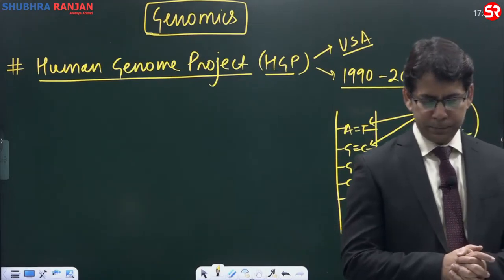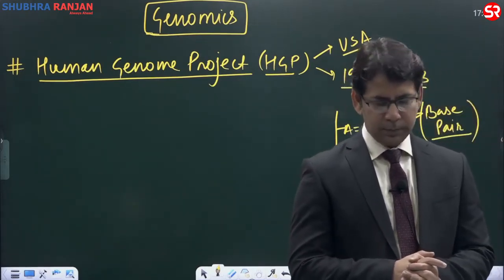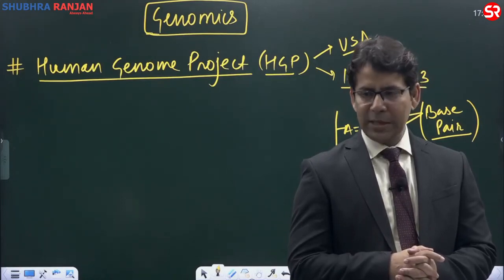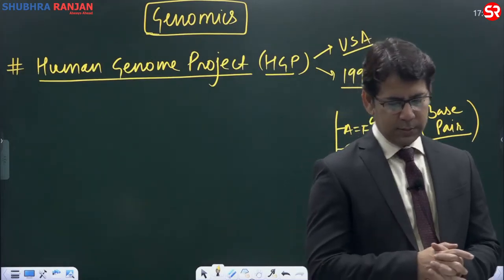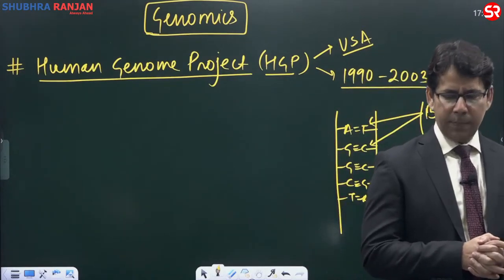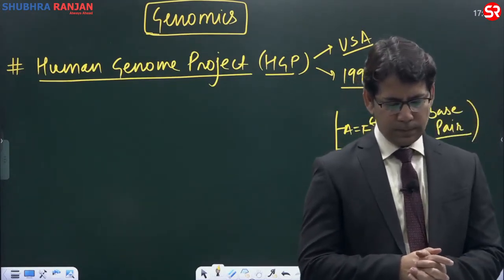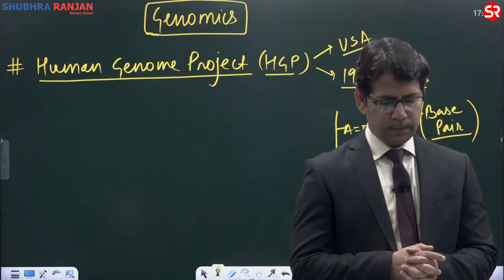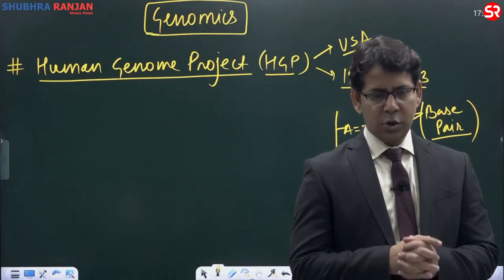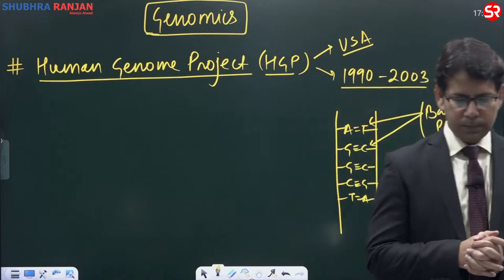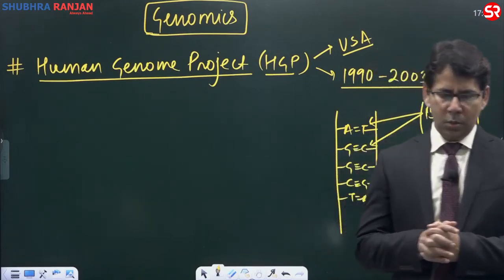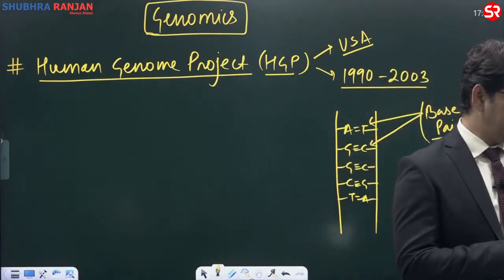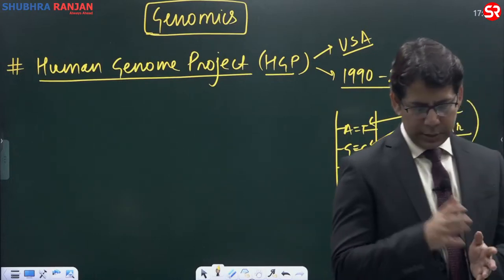And the DNA sequence, base pair sequence, or genetic sequence of the human genome was determined. You got it?